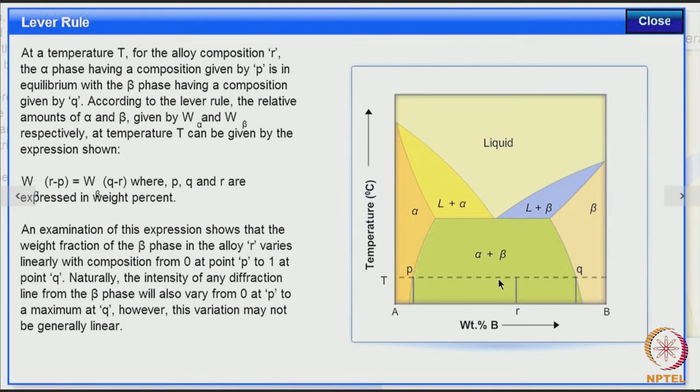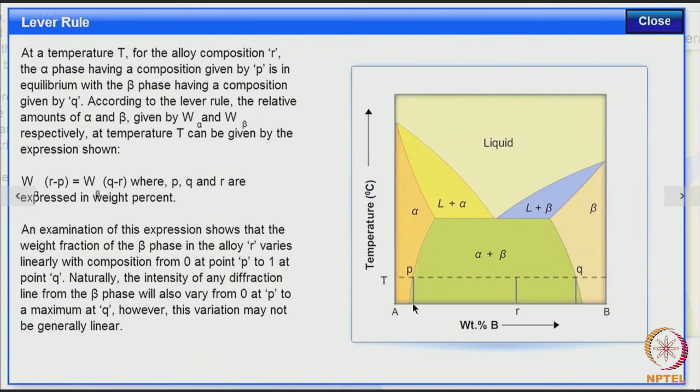So, what will happen if we take an alloy of composition R, then at this particular temperature, if we draw a line parallel to the composition line, P will be the composition of alpha and Q will be the composition of beta. Within the entire range at this particular temperature, there will be no change in the composition of alpha and no change in the composition of beta. But what about the weight fractions of alpha and beta?